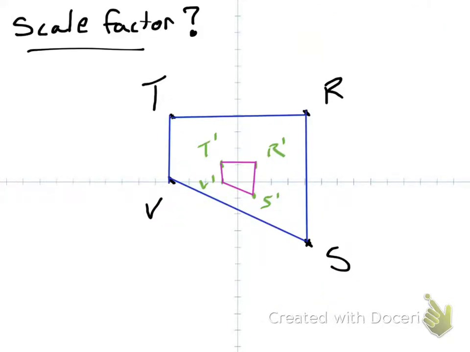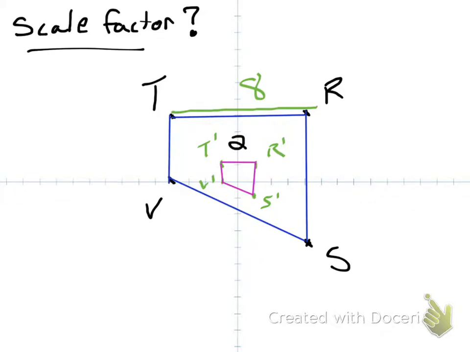Last one. We want to find out what the scale factor is on this one. It's pretty easy. Let me show you how. We can either do it by sides. So like this side right here from T to R would be 1, 2, 3, 4, 5, 6, 7, 8. And from T prime to R prime would be 2.